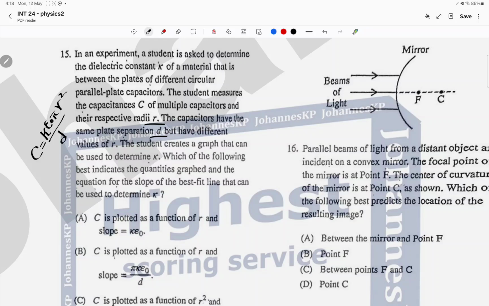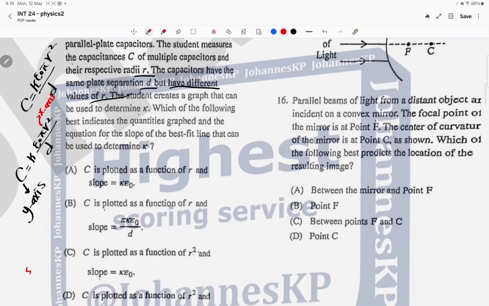We're trying to find kappa, which is kappa epsilon pi r squared over D. They have different values of r, so r is the x-axis. So C is the y-axis, and r squared is the x-axis.